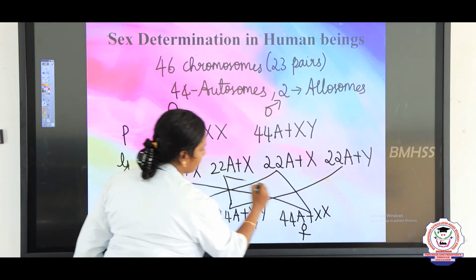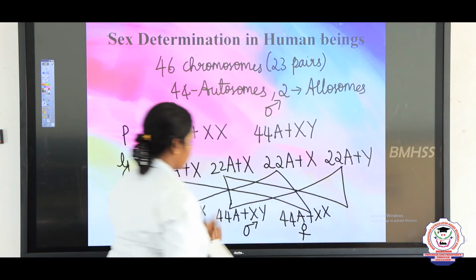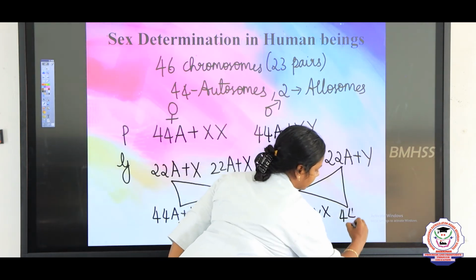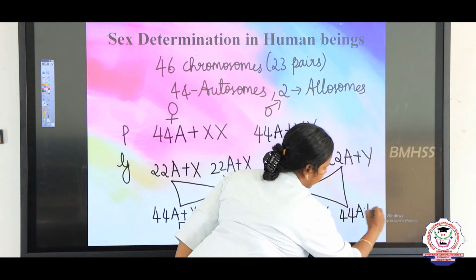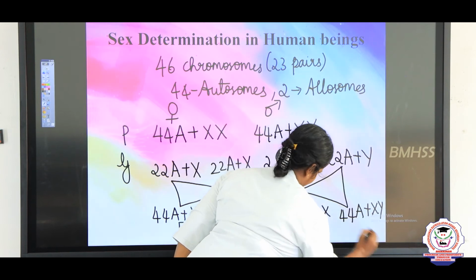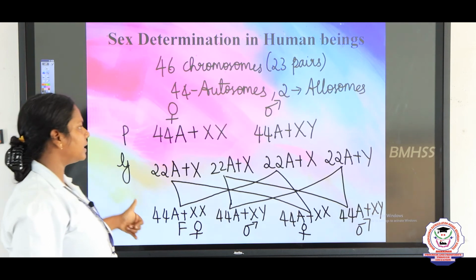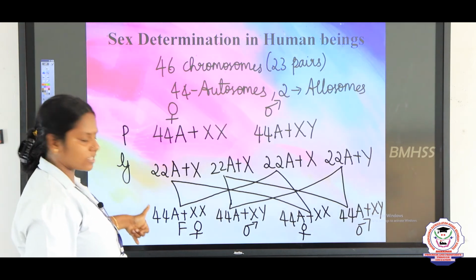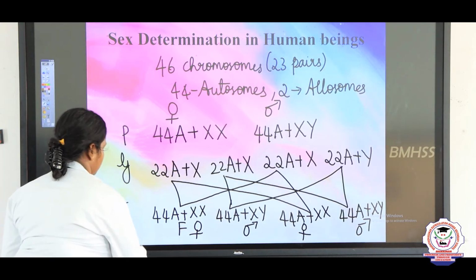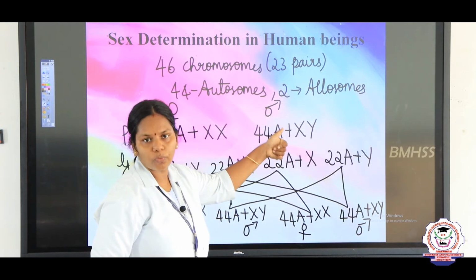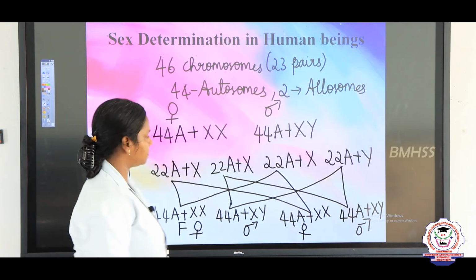Again, X and Y combine to form 44 autosomes plus XY, so this is a male. So, the sex of the individual, the sex of the generations, is determined by the father's chromosome only, not by the mother.